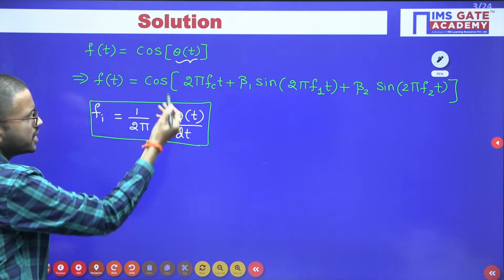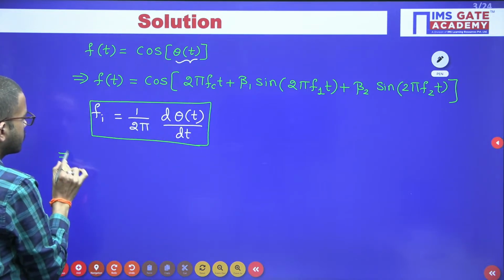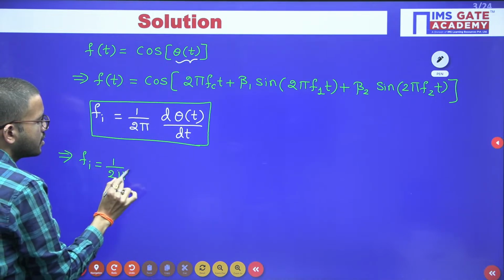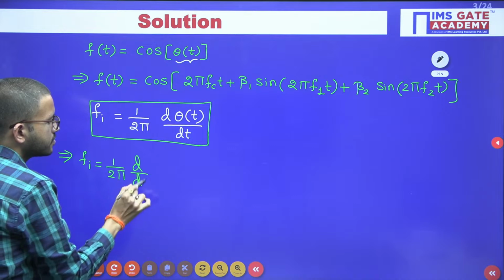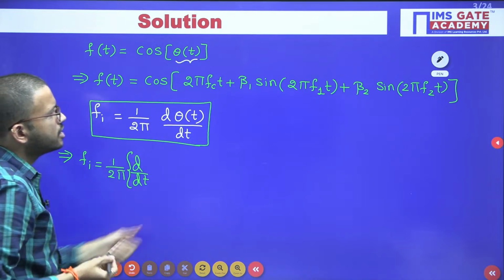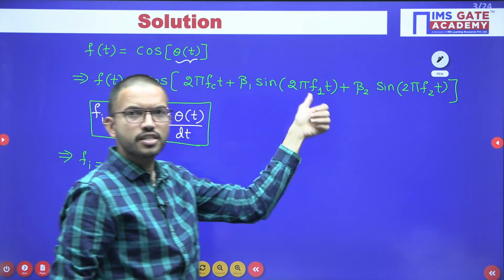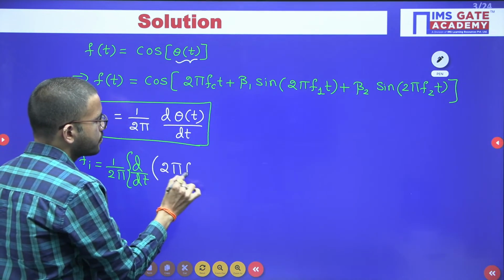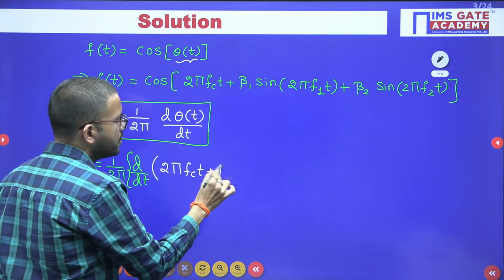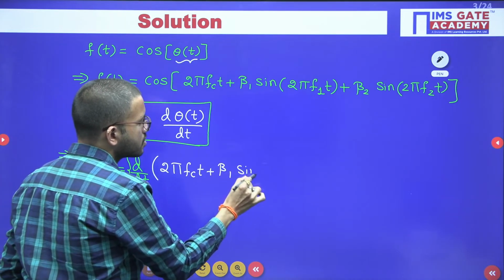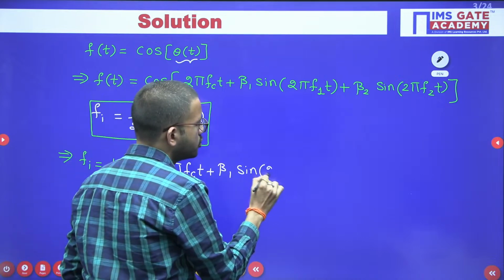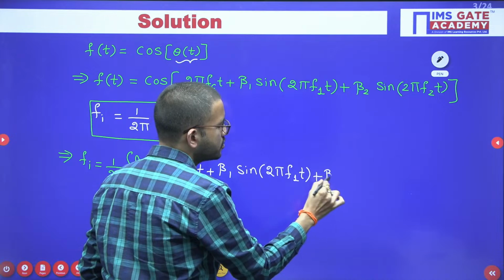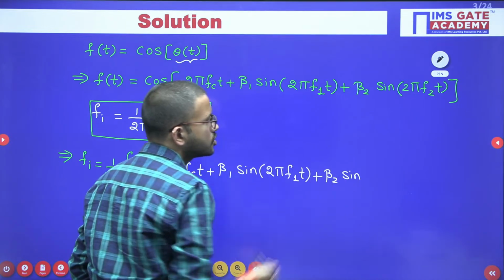So Fi equals 1 by 2 pi into d by dt of 2 pi fct plus beta 1 sin 2 pi f1t plus beta 2 sin 2 pi f2t.